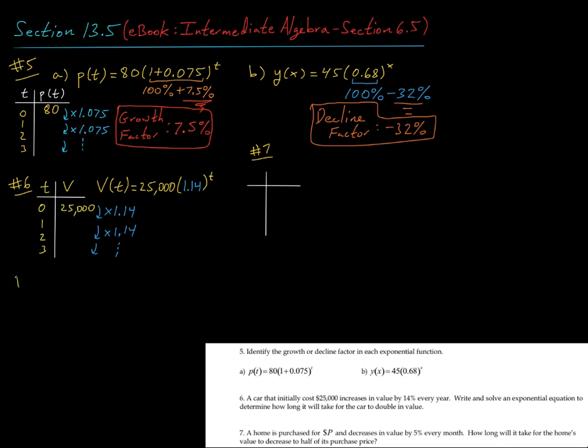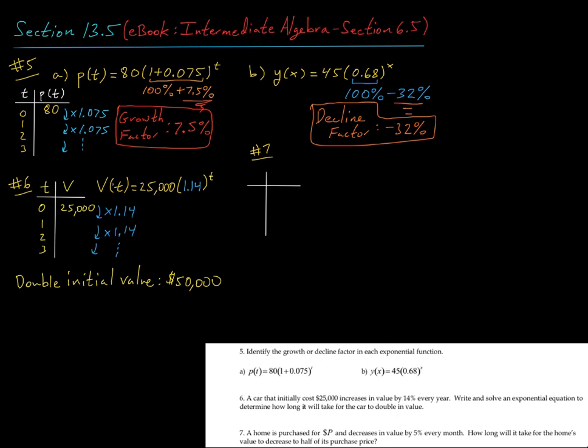Okay, so now how long is it going to take for the car's value to double the initial value? So what is double the initial value? That would be $50,000 because our initial value is 25,000. So here's what I'm going to do.